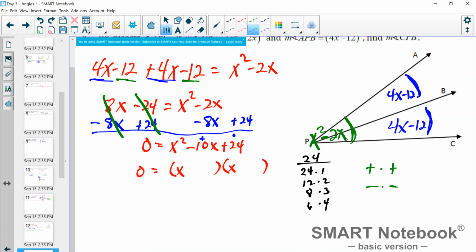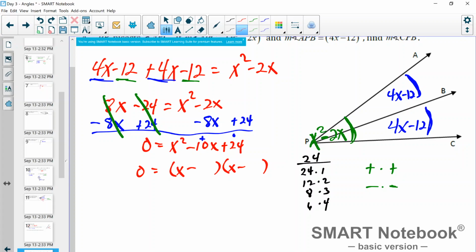Am I going to do plus plus or minus minus? This is where the middle term comes into play. Whatever sign is on the middle term, that's the pair that I use. So here we are subtracting the 10x, so that means I am using minus minus. And now I need to come up with the numbers that when I add them together, when they're both negative, that I get negative 10.